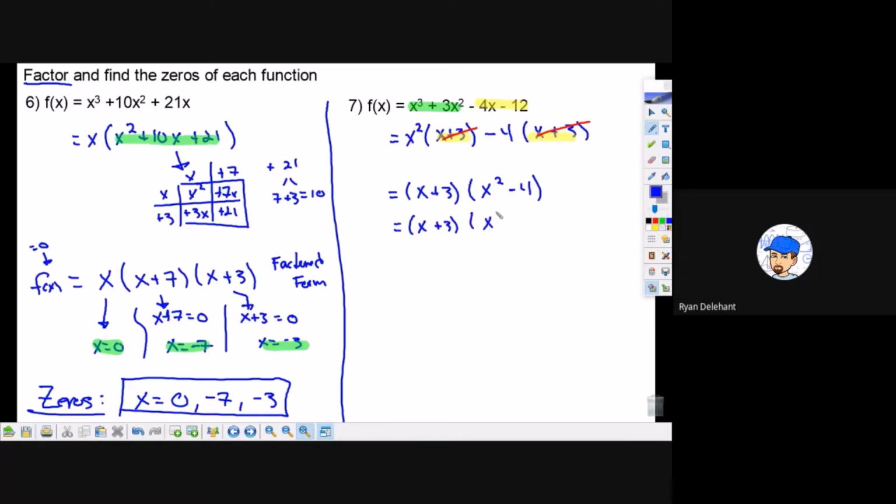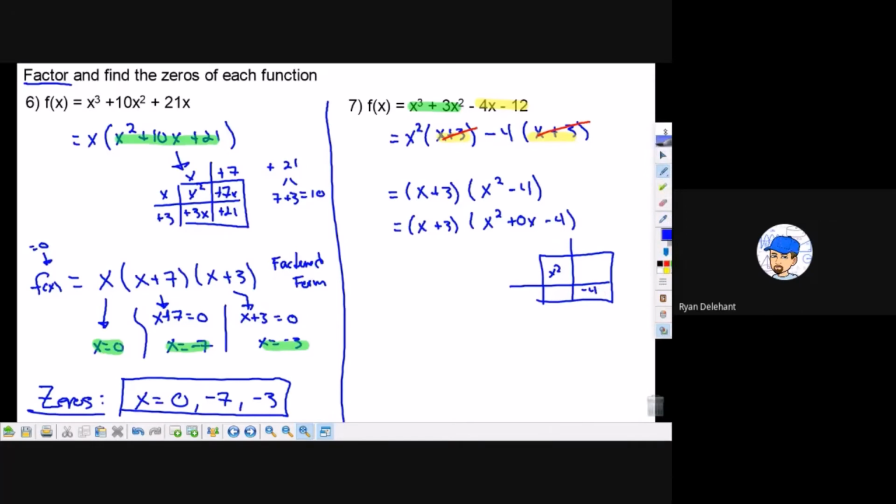The only thing you need to remember is that this is a difference of squares, but if you were to forget that, remember the middle term is 0, and you can still draw the box and factor this one, because you have x squared and you have minus 4. You want the factors of 4 that subtract and give you 0.